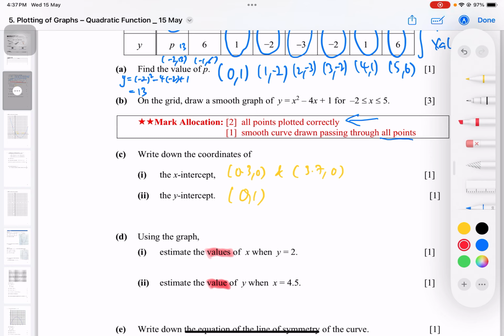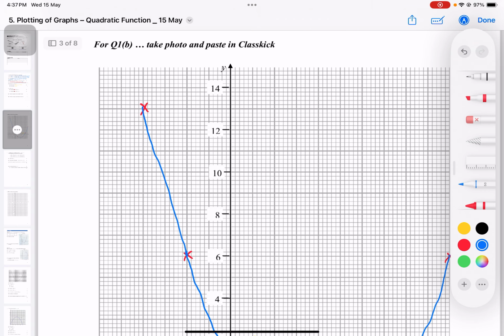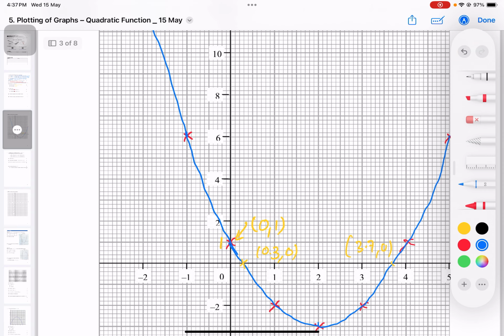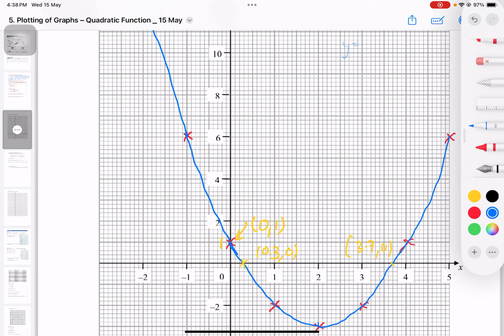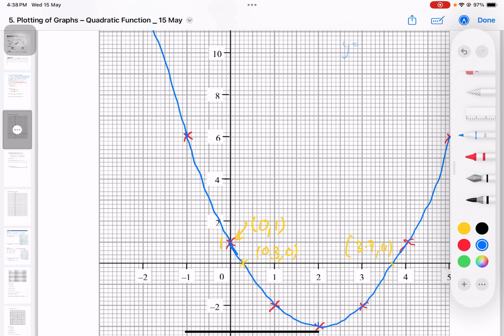Please think of this part: the value of x when y equals 2. When y equals 2, it is a horizontal line.